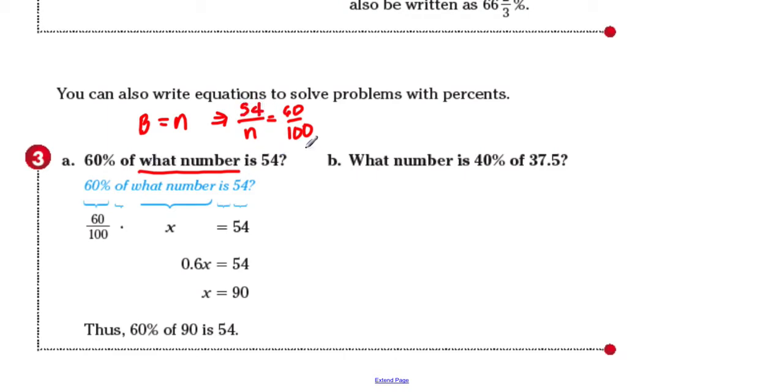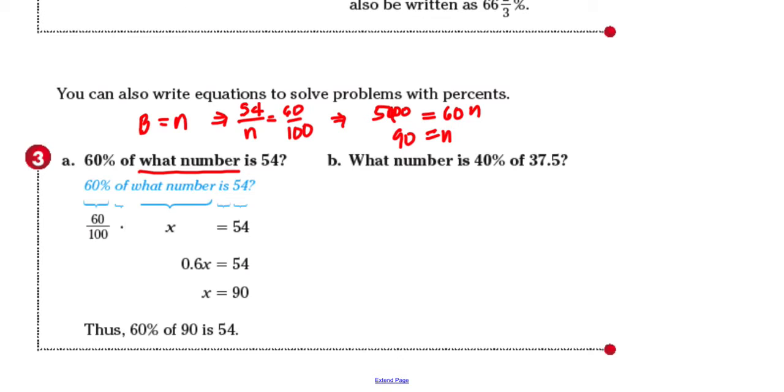So it's going to be the same thing. This will become 5400 is equal to 60n. If you divide both sides by 60, you still end up with n equals 90. So it's the same thing.